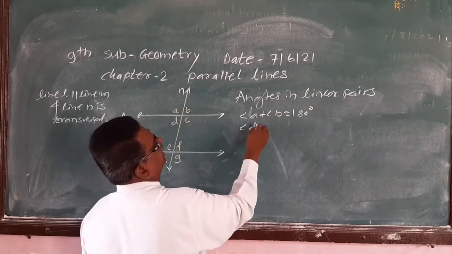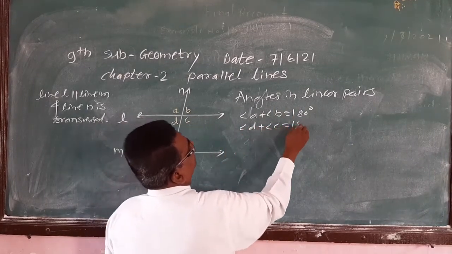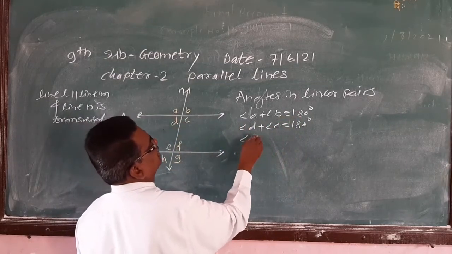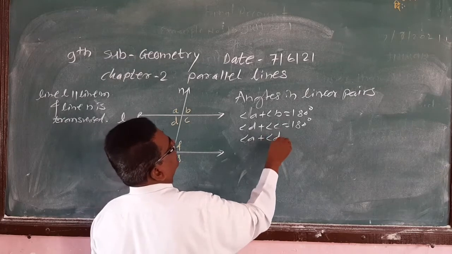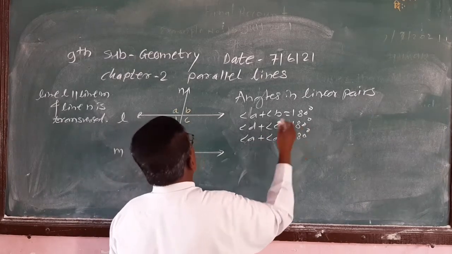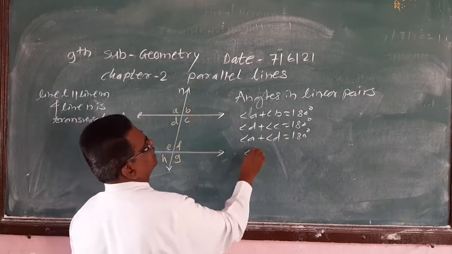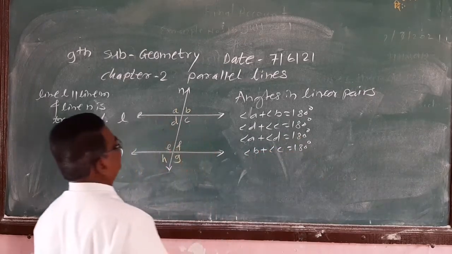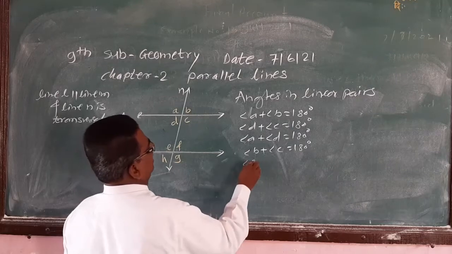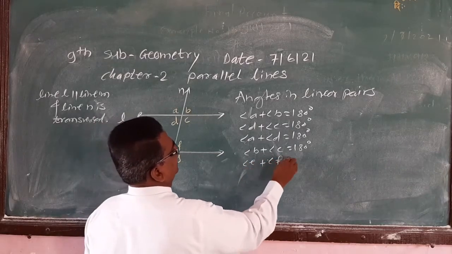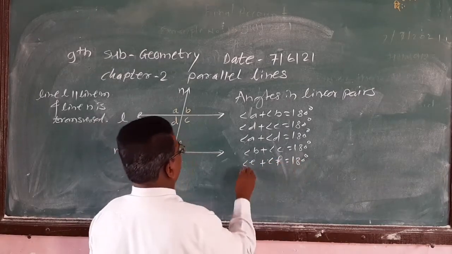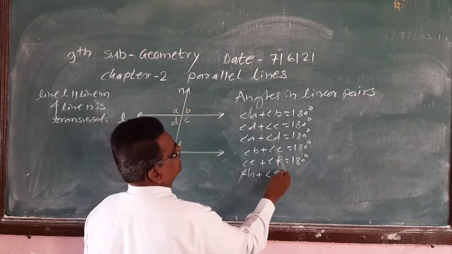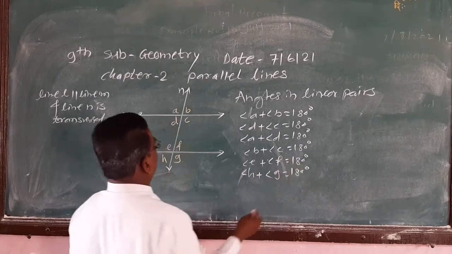Also, angle D plus angle C is equal to 180 degrees. Angle A plus angle D is equal to 180 degrees. Angle B plus angle C is equal to 180 degrees. Also, angle E plus angle F is equal to 180 degrees. Angle H plus angle G is equal to 180 degrees.